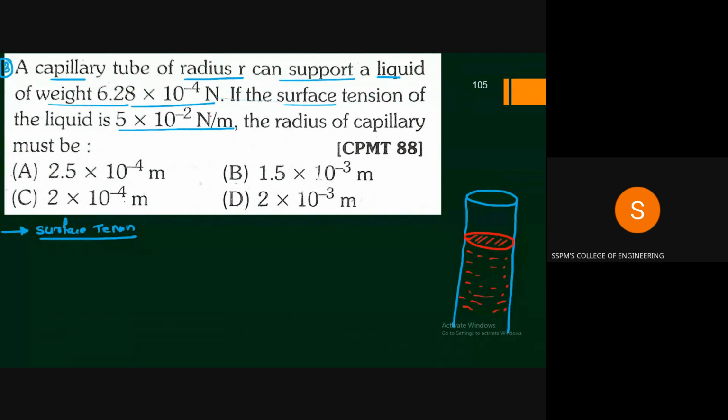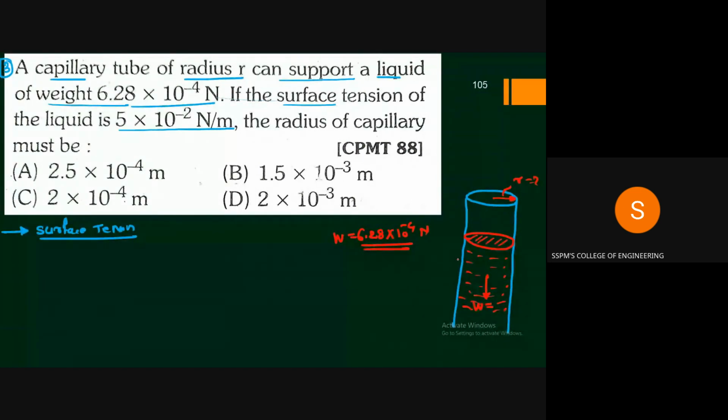This liquid will have a certain weight, and this weight will act in the downward direction. This weight is given as 6.28 into 10 to the power minus 4 Newton. If the surface tension of the liquid is T, the radius of the capillary tube must be found. So here we have to find the radius of the capillary tube.